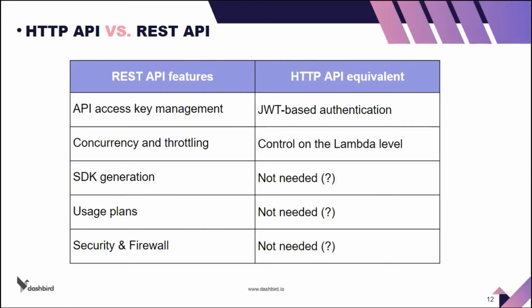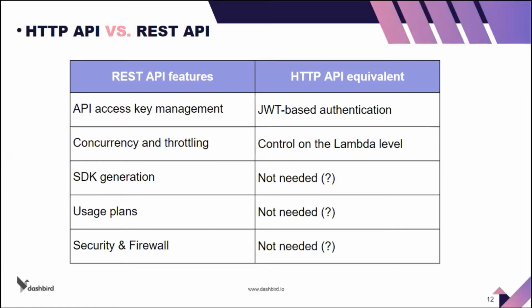So it wouldn't be worth paying extra for the REST API to have SDK generation or usage plans or a firewall, for example. If it's used internally, we don't really need these public security features. The concurrency and throttling features that the REST API provides are very cool, because we can set throttling on a per client basis.